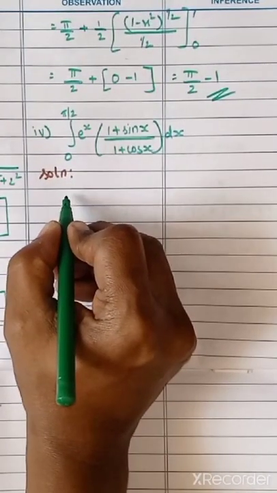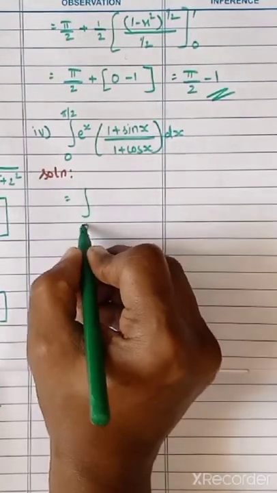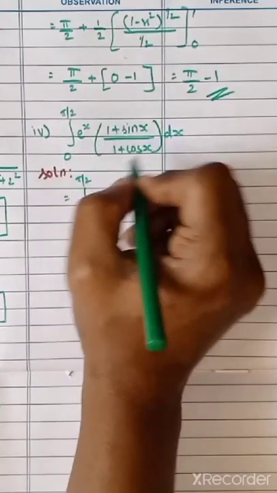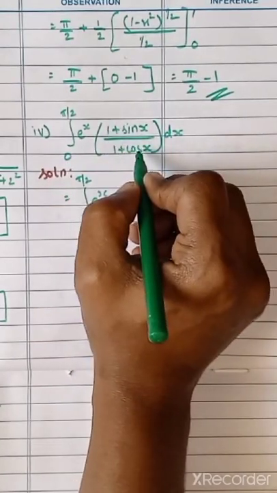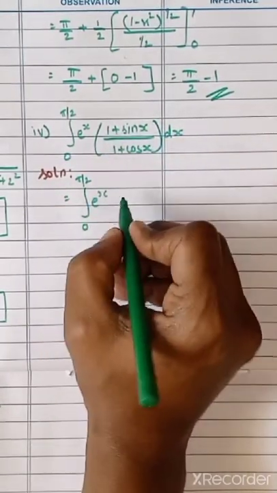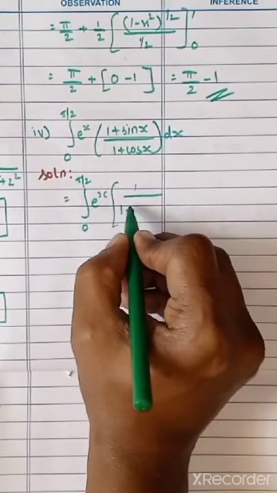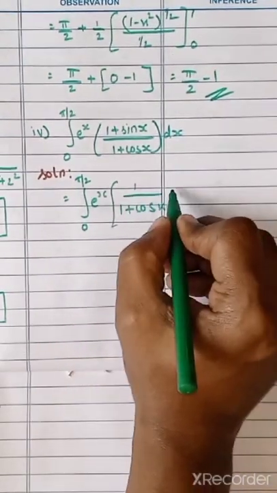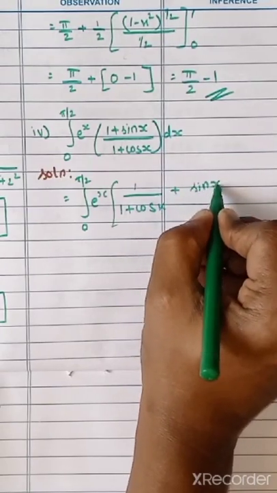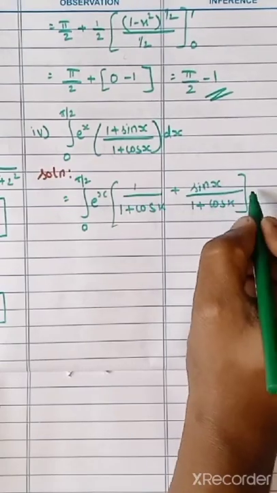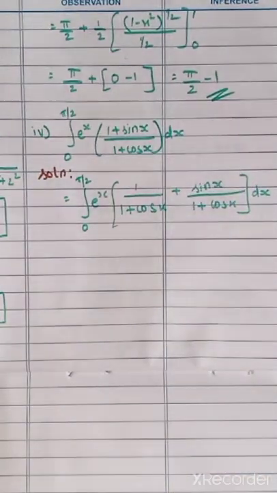This is equal to integral 0 to pi by 2 of e power x, and we can split this function: 1 by denominator, sin x by denominator. So if I split like that, how will you write? 1 by 1 plus cos x plus sin x by 1 plus cos x into dx.